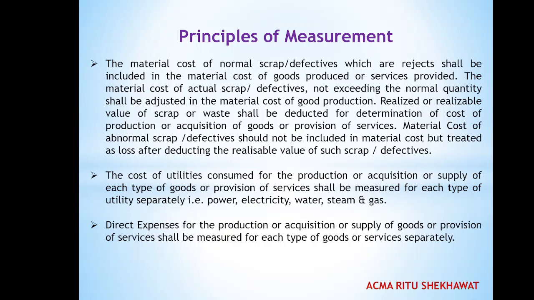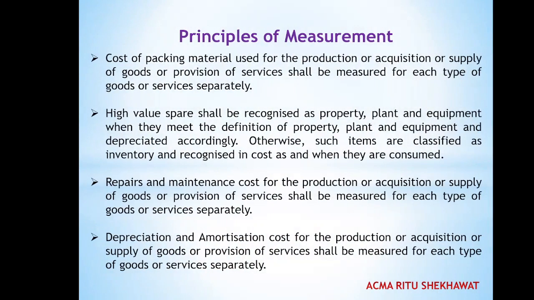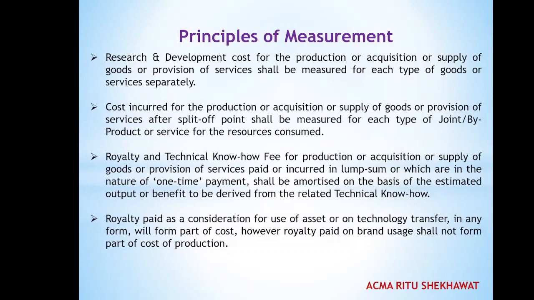Direct expenses also, cost of packing material also, high value spares also, repair and maintenance, depreciation and amortization cost also, research and development cost separately. Cost incurred for production or acquisition of supply of goods or provision of services after split off point shall be measured for each type of joint product, byproduct or services.